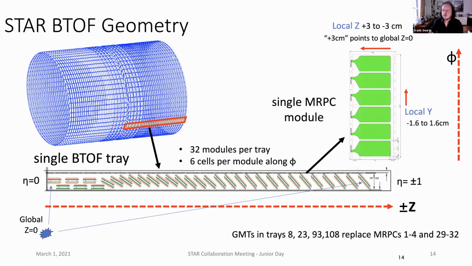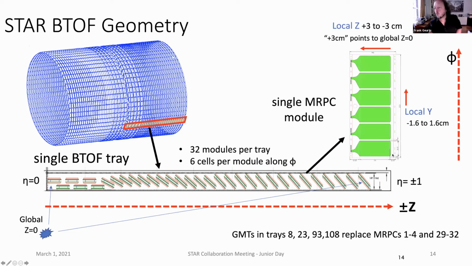But what I want to point out with this slide really is some coordinates that we use and that you may see in your offline analysis as well, which is the so-called local Z and local Y, which really are the coordinates of a track as it hits a module along the Z direction, which is along this side in the pickup pad, which is 6 centimeters and goes from +3 to -3.